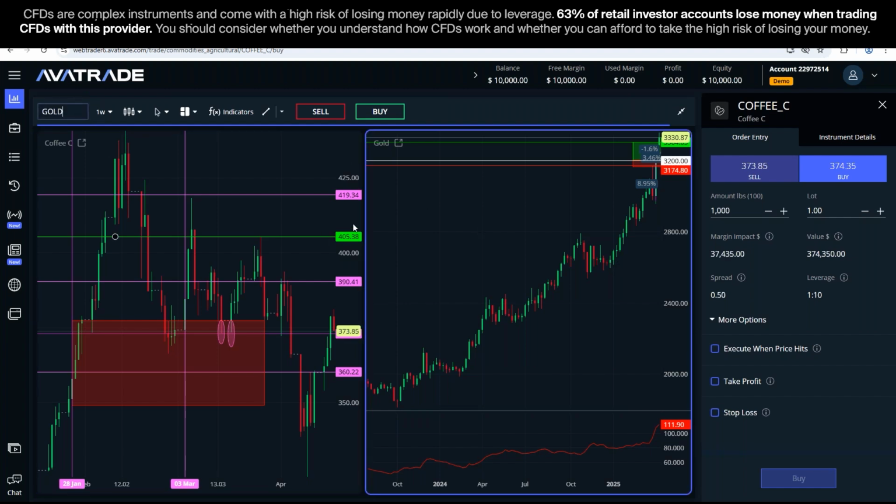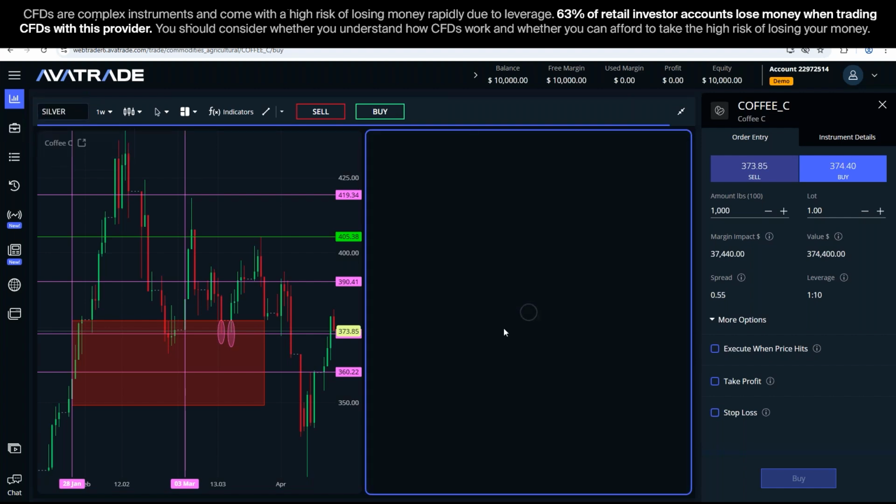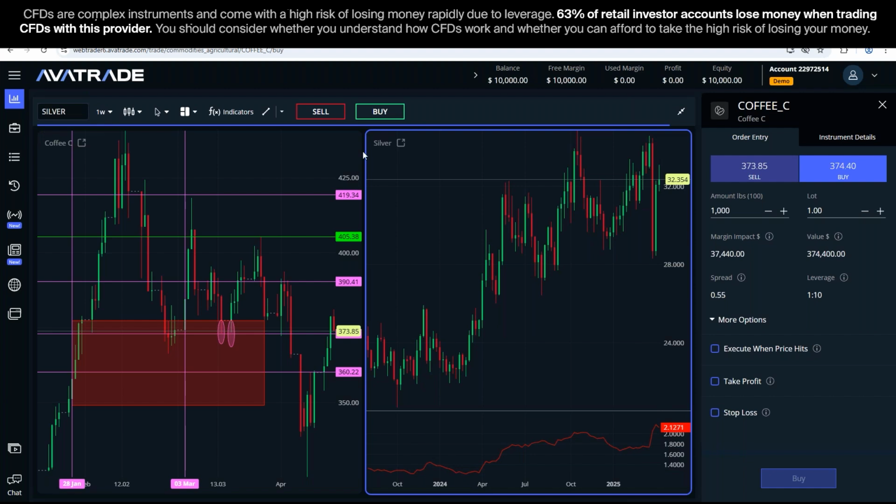So we'll click on silver, and instead of gold we'll place silver. Now with silver, if we click on buy, and this time again place one lot at the position size, we notice that now it's 10,000 units.